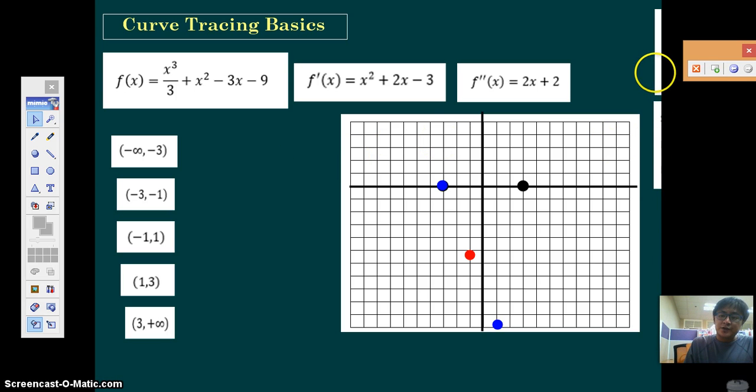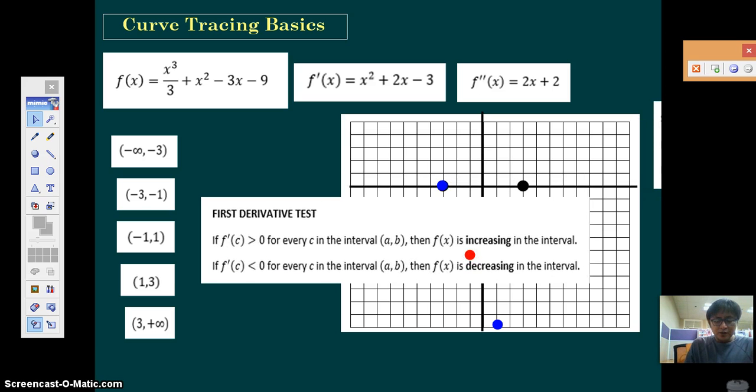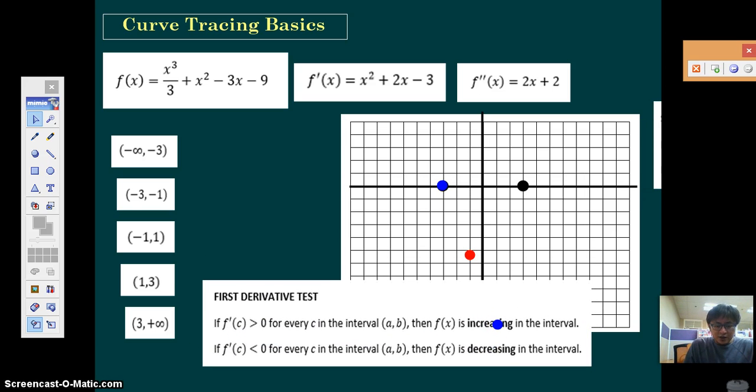Let's recall the first derivative test. It says if the first derivative of a function at a value is positive, then the function is increasing. And if the first derivative is negative, the function is decreasing.